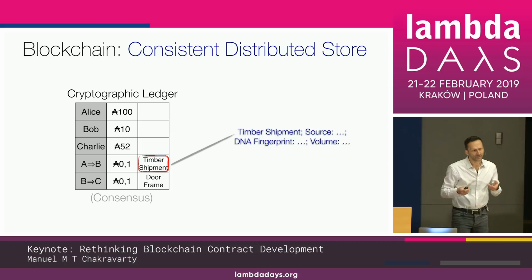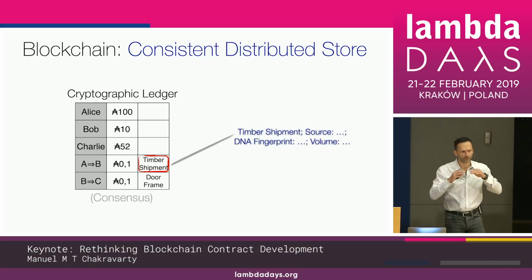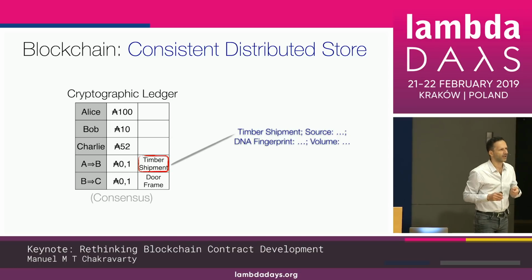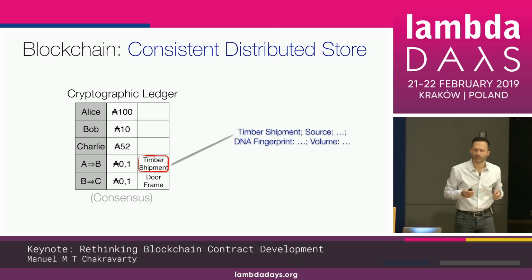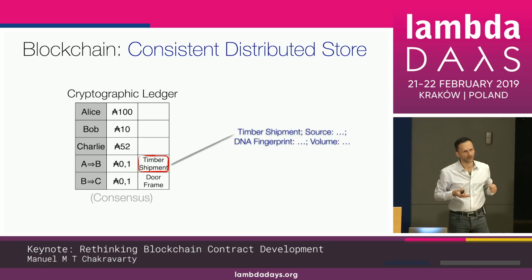For example, Alice could, when she sends a shipment of timber over, record on the blockchain in this transaction log a DNA hash of that shipment, and make this part of the log.